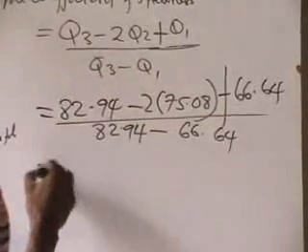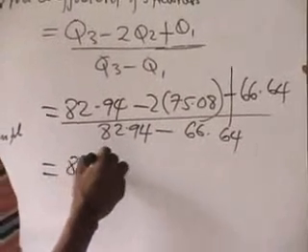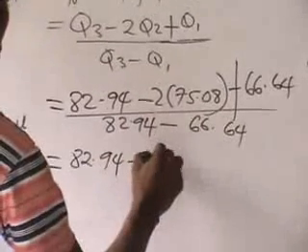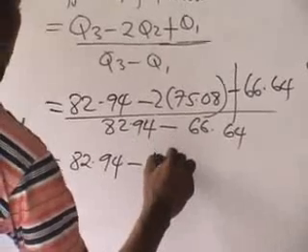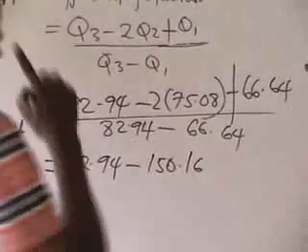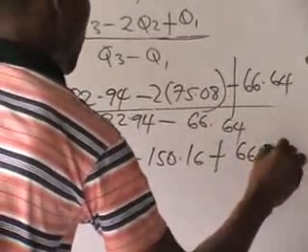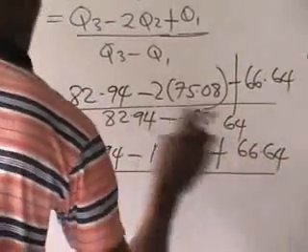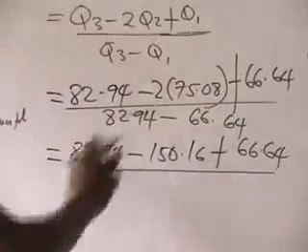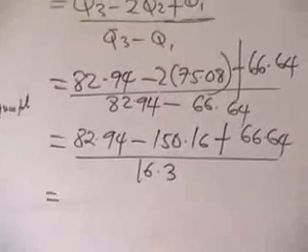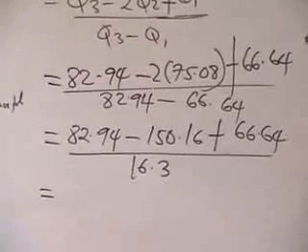So let's put that. We now have 82.94 minus, so this times this will give us 150.16. Altogether then plus 66.64. Then all over this minus this. This minus this will give us 16.3 altogether. So let's use the calculator to get the final answer.